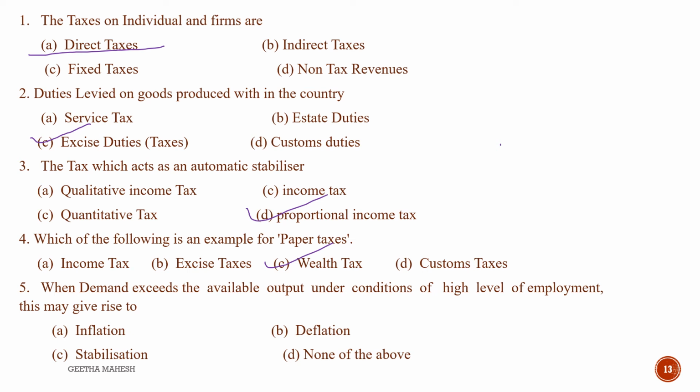When demand exceeds available output under the condition of high level of employment, this may give rise to inflation, deflation, stabilization, none of the above. The right answer is inflation. When demand is more than the output under the condition of full employment level, then demand for factors increases, the prices of factors of production will start increasing, that leads to an inflationary situation.